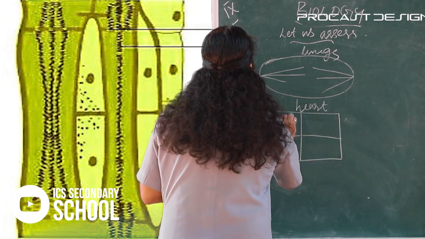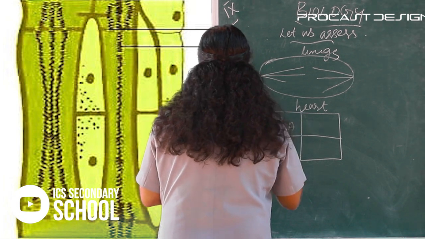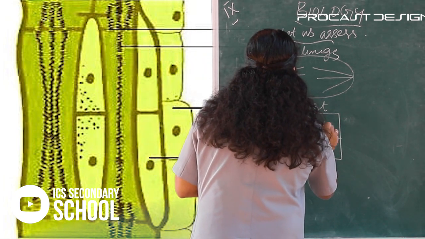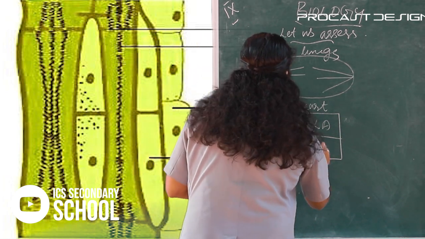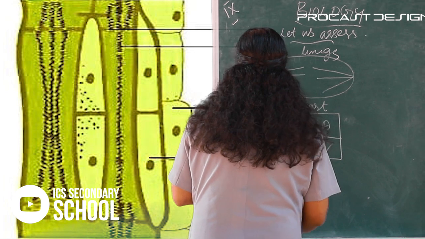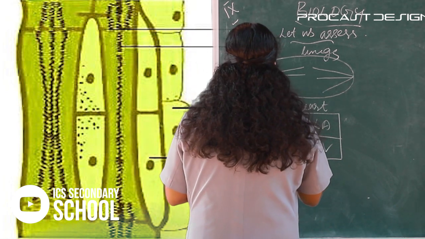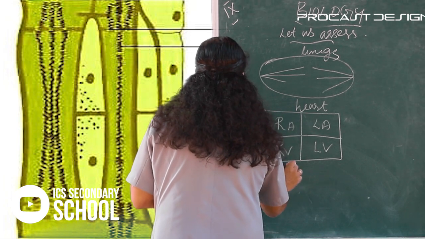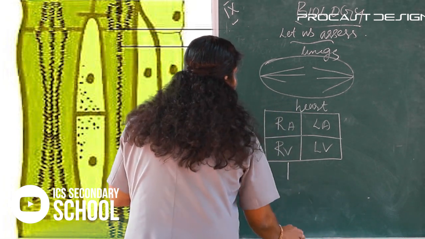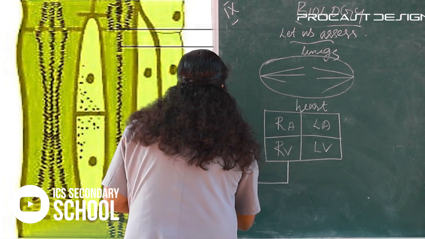Right atrium is denoted RA, left atrium LA, right ventricle RV, left ventricle LV. Please note the direction of the lines.